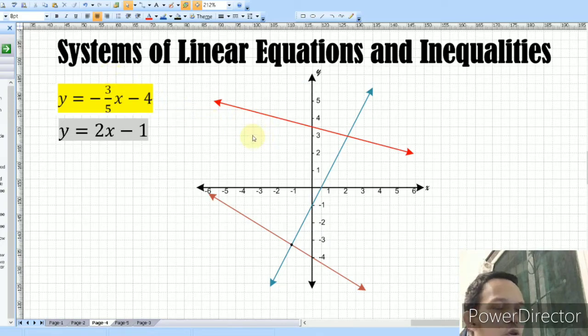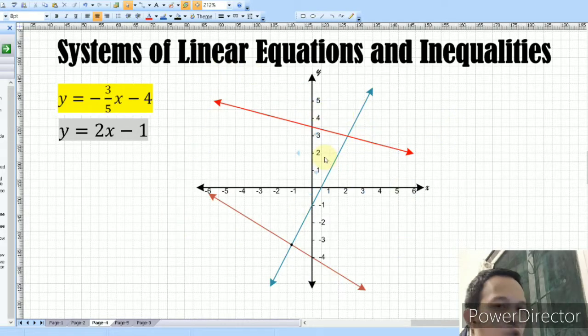Based on the definition, the solution of this system must be the intersection of all functions in the system. All. It means this system has no solution, since we don't have an intersection of all three linear functions.